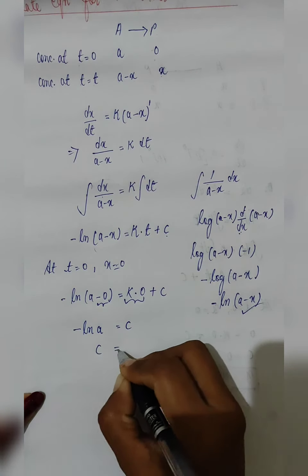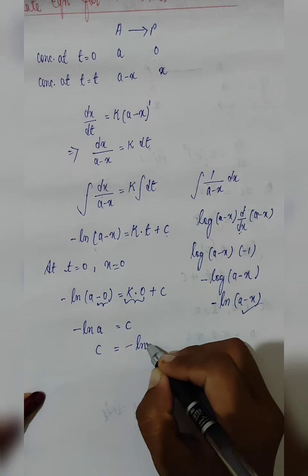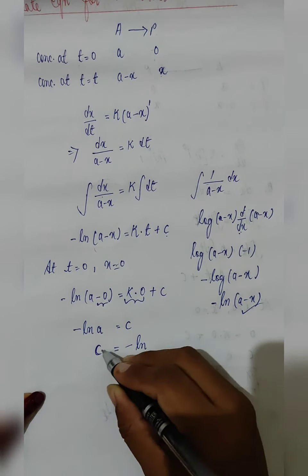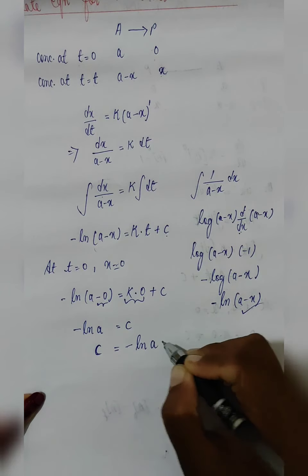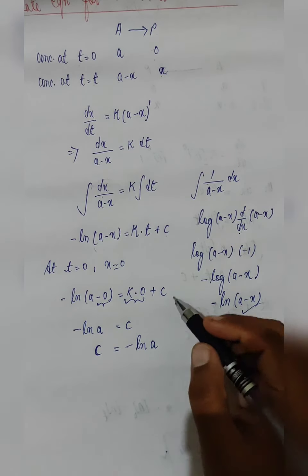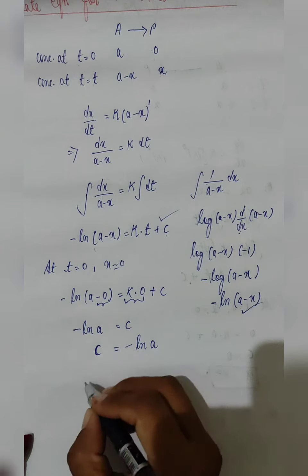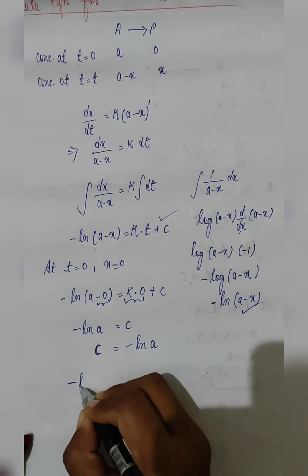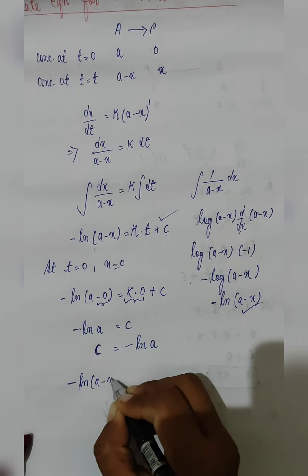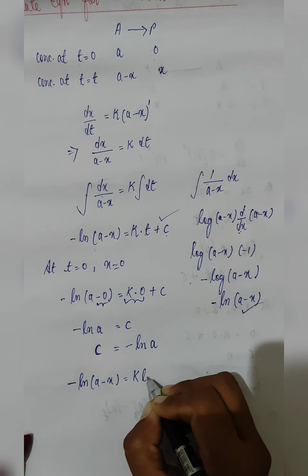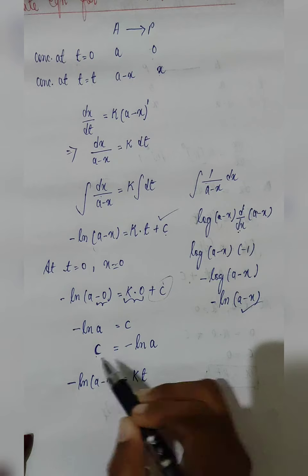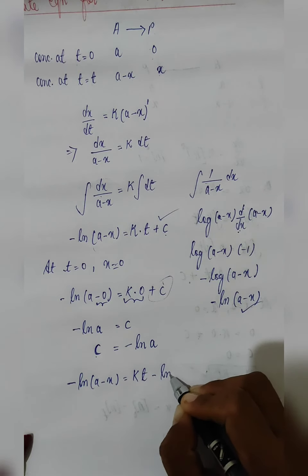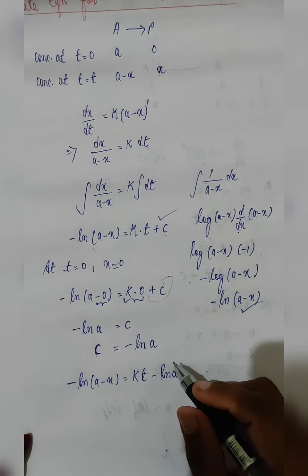So the constant term we are getting as minus ln a. So this equation now can be written as minus ln a minus x is equal to kt. Instead of this constant, we already got the value, so we will write down minus ln a.